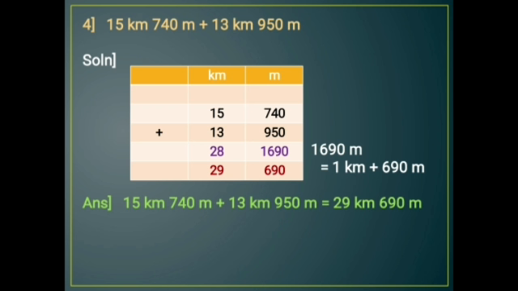So 1690 meter can be written as 1 kilometer plus 690 meter, and 15 plus 13 is 28. So that 28 we will add 1 kilometer with it. So we get the answer here as 29 and here 690. So answer is 15 kilometer 740 meter plus 13 kilometer 950 meter is equal to 29 kilometer 690 meter.